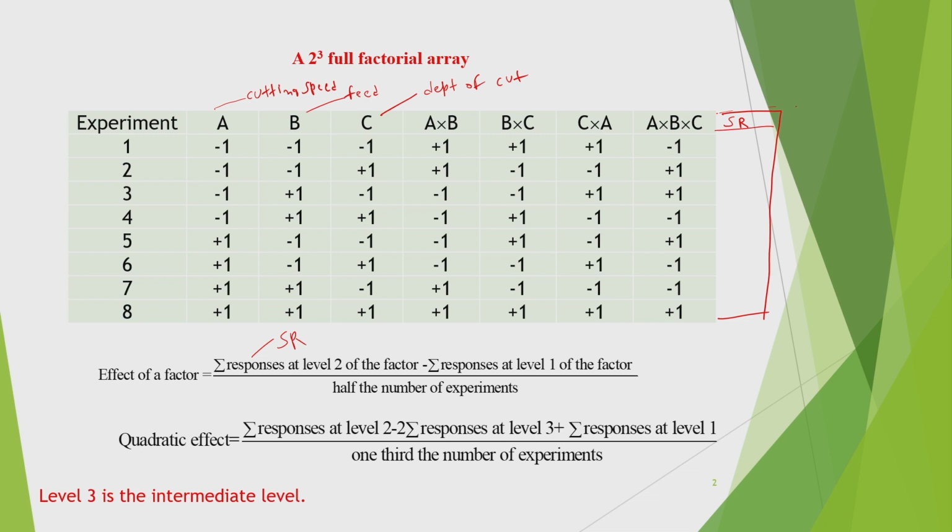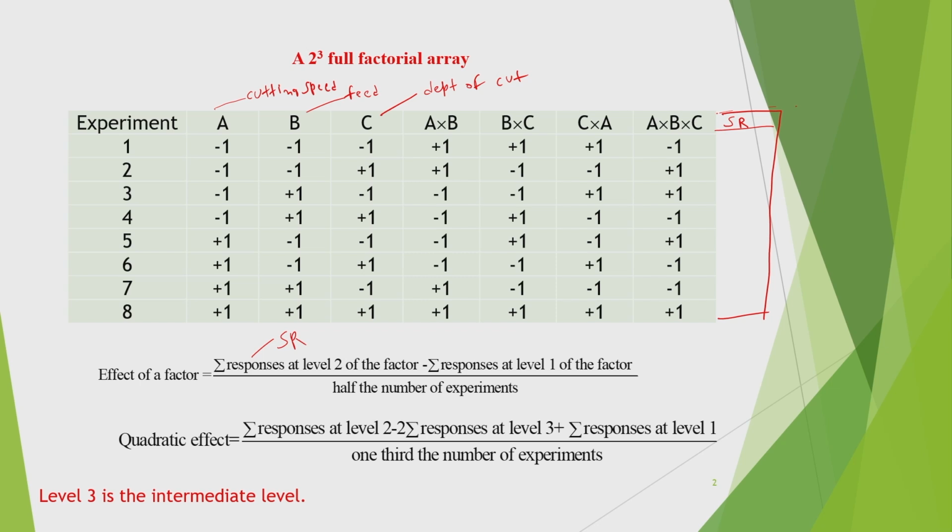Each factor has some levels. Cutting speed has two levels: one is the low level, that means low cutting speed, the other is the high level. Similarly, feed has low feed and high feed, and depth of cut can have low depth of cut and high depth of cut.